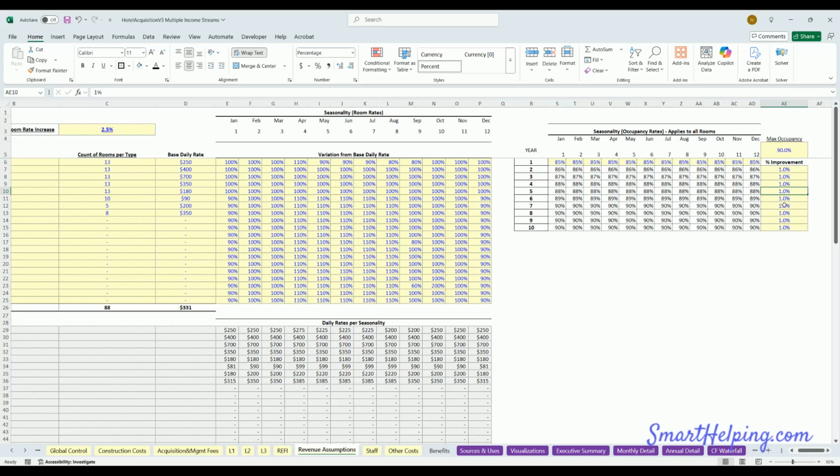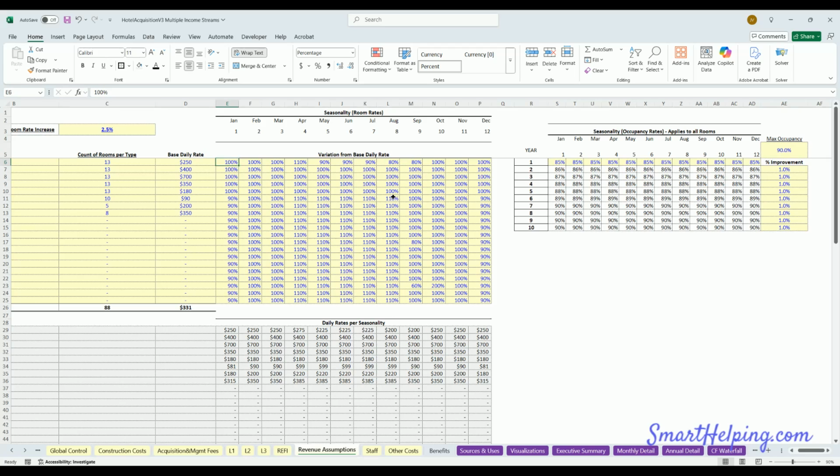Then maybe it stops going up, and you level it out at some point. You can also, to make sure this percentage never accidentally takes something over a percentage, put a maximum stabilized occupancy right here, and in that case, no row or column ever goes above that.